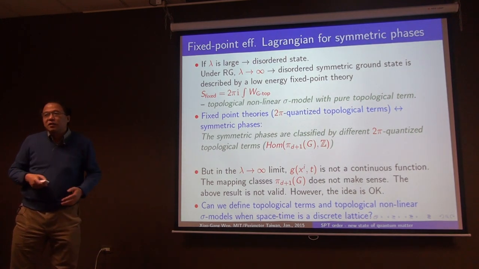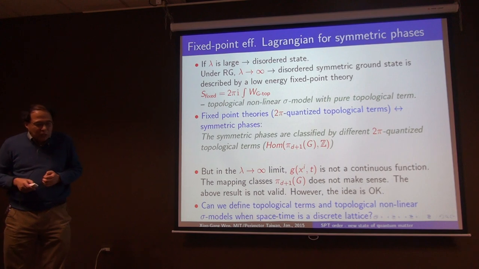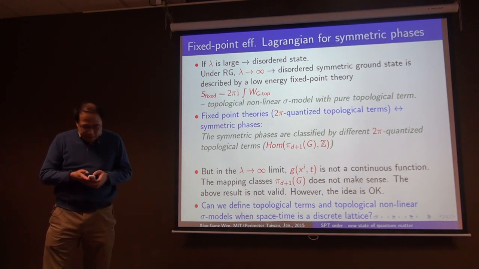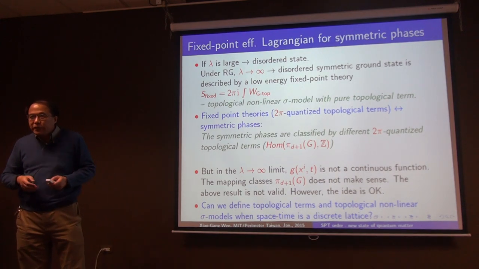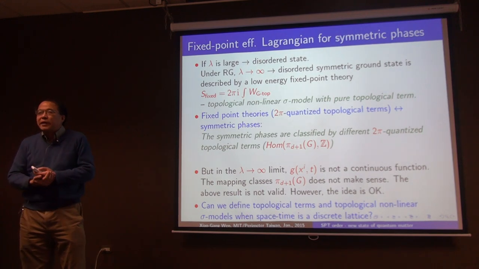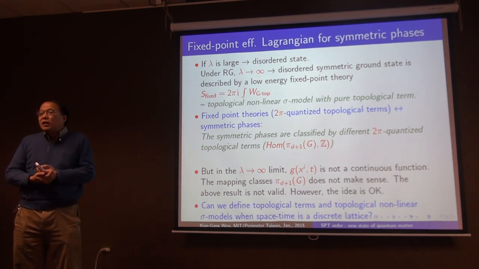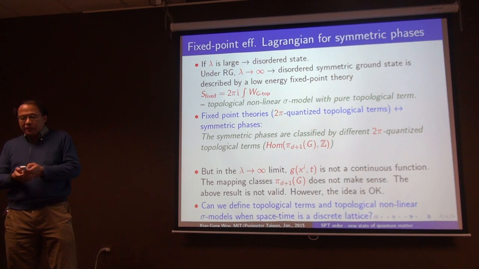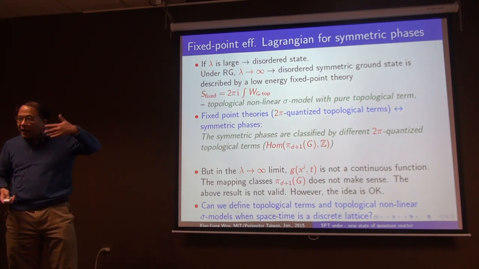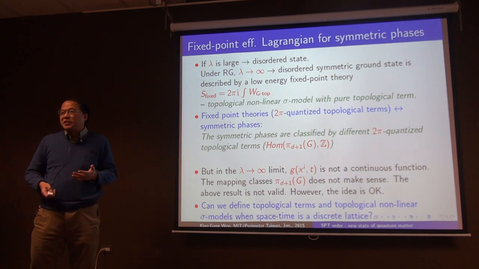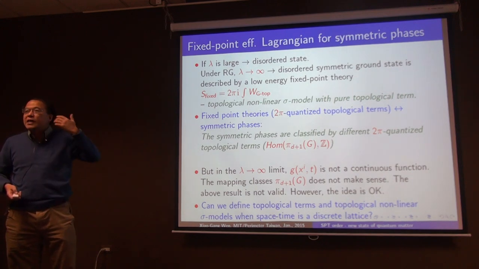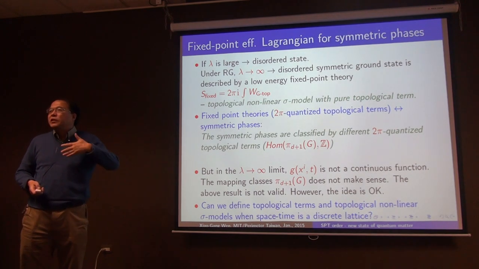Here I just want to make a comment: we know that topological insulators for free fermions can be classified by so-called K theory. And K theory is something like homotopy theory, so it uses a sense of something continuous.